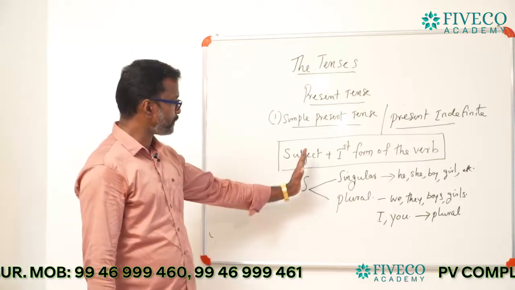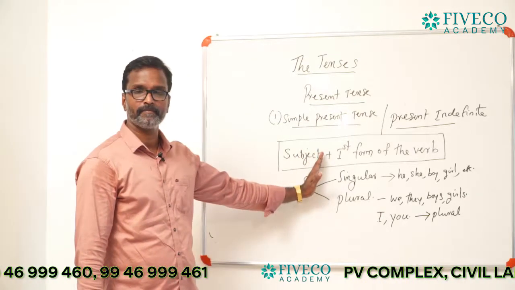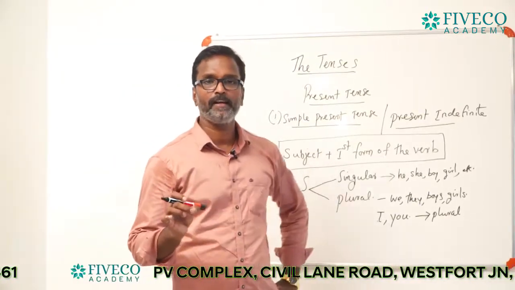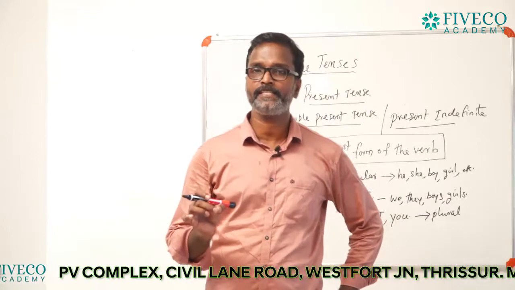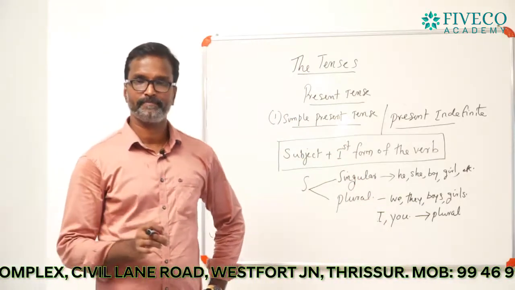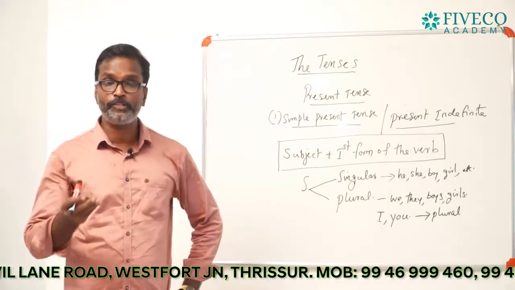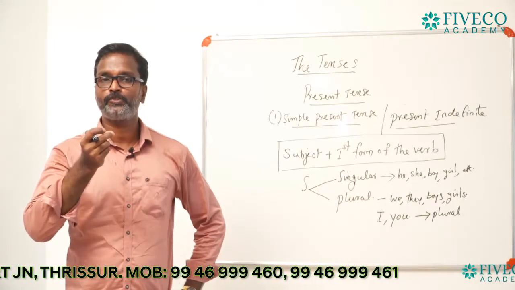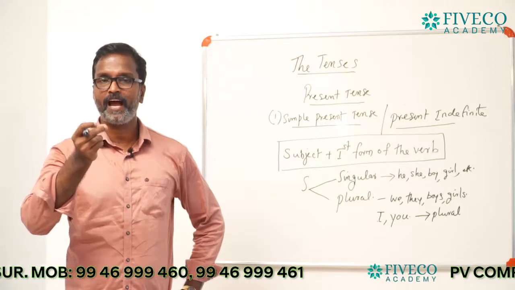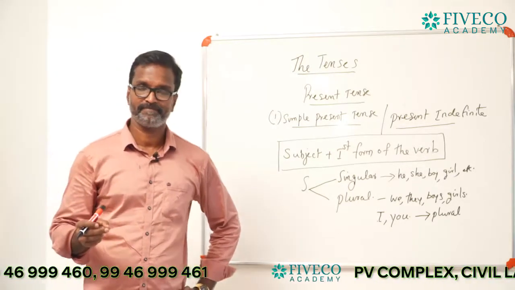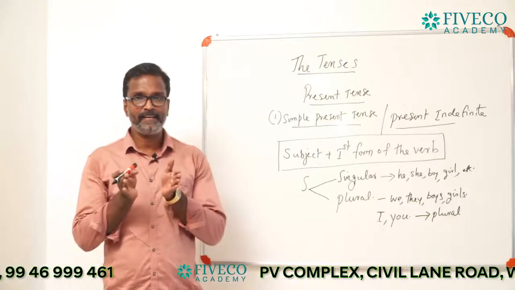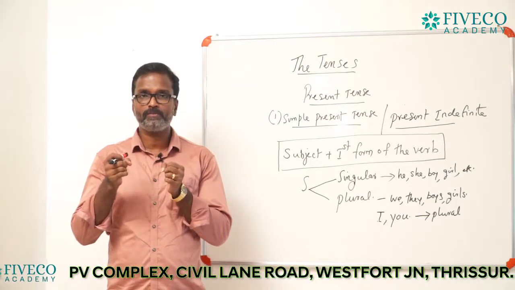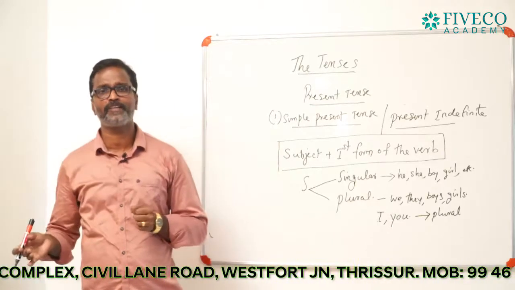So, I already explained the subject part. Subject is the most important one when you write a sentence or when you talk a sentence. Now I am talking to you. The moment I open my mouth to say a sentence, I use subject first. While we write a sentence, our brain is just like a computer.